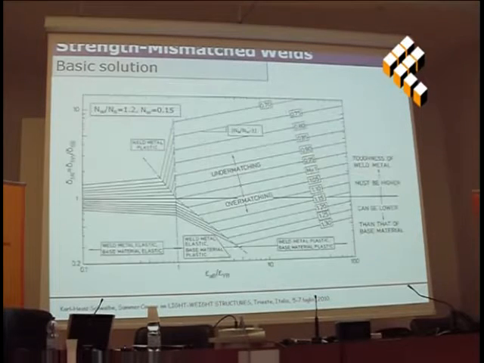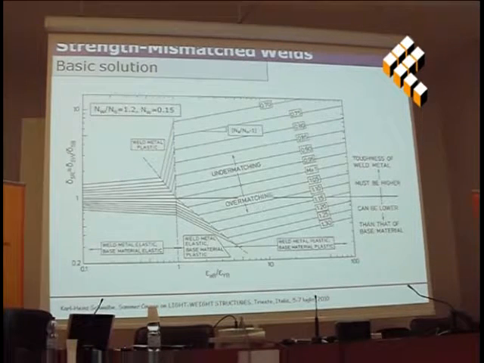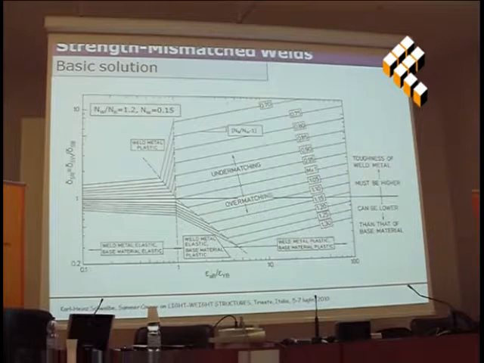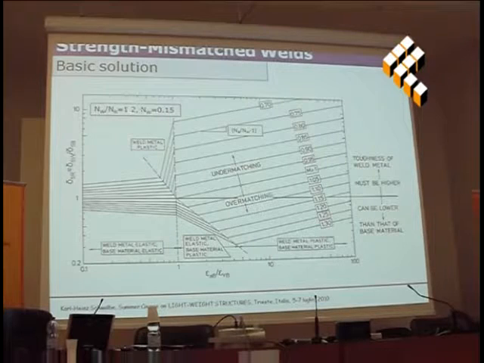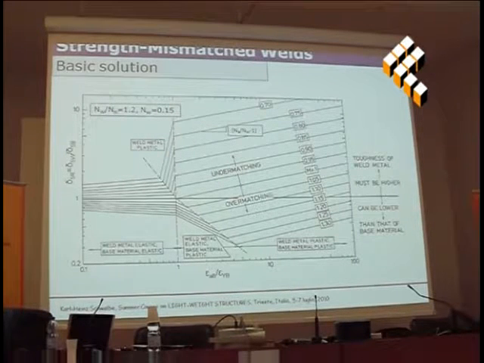A concrete result here. I've done the calculation now for this case. The weld metal hardens a bit more than the base plate, and this is the hardening exponent of the weld metal, 0.15. So this is given.